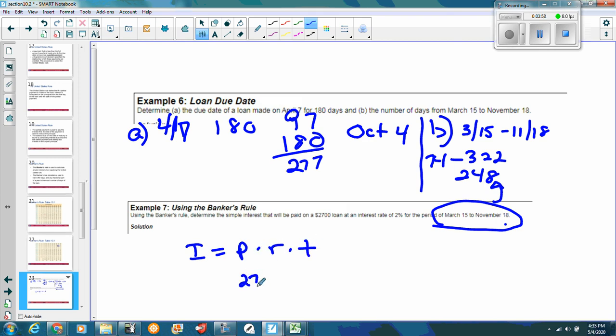The principal is 2,700, the rate is 2%, so 0.02, and the time, because days are always expressed yearly, is 248 divided by 360. When I do that, my answer is $37.20. That's how much interest would be charged. Okay?